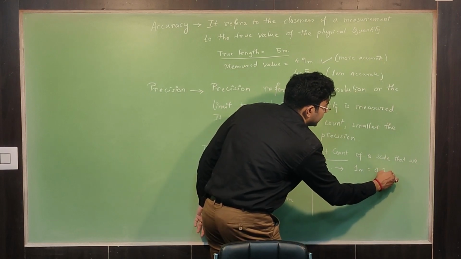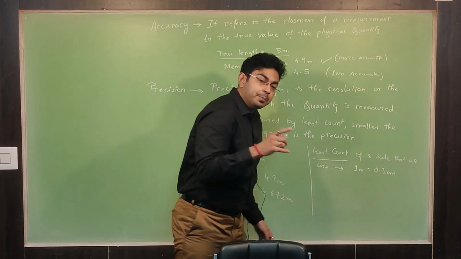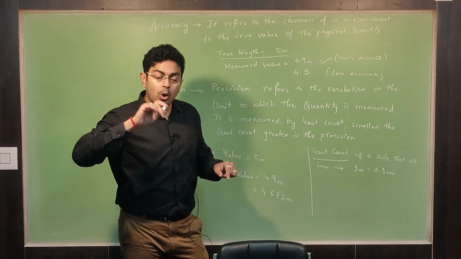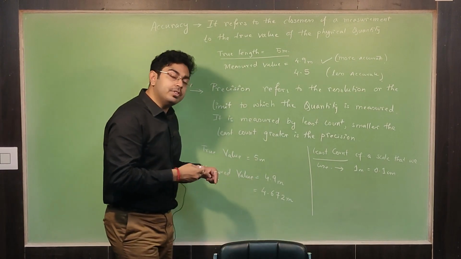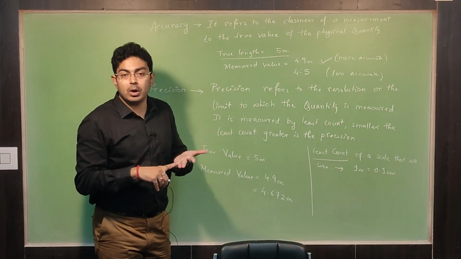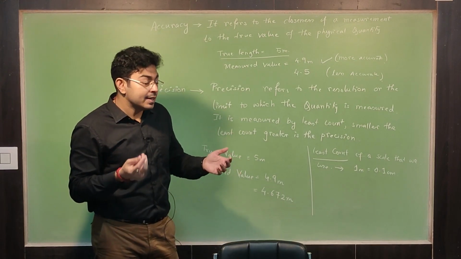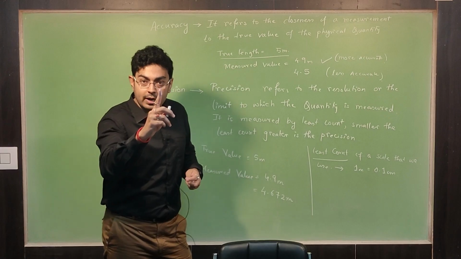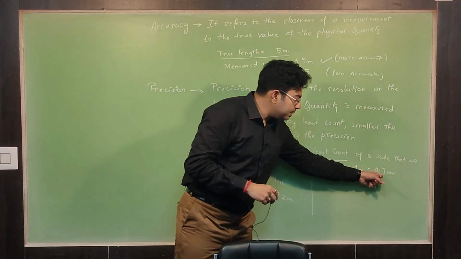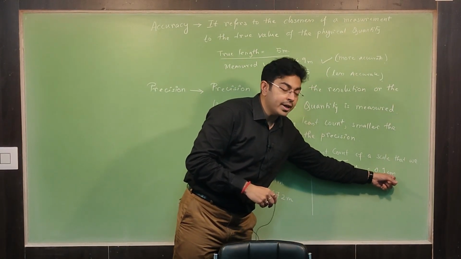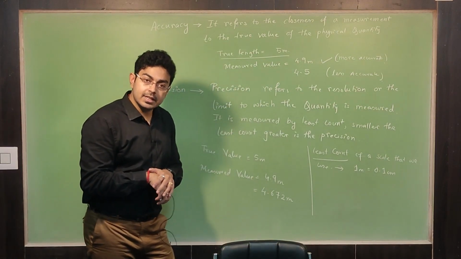That means 0.1 centimeter. So when you are making any measurement, to how much precision can you give the value? You can give 2.1, 2.3, 2.5, 2.8 or 7.8, that means one place after the decimal point, because your least count is 0.1 centimeter. Is that correct?